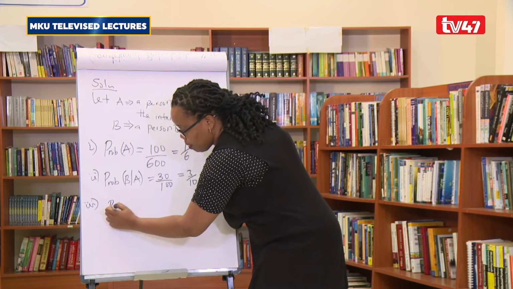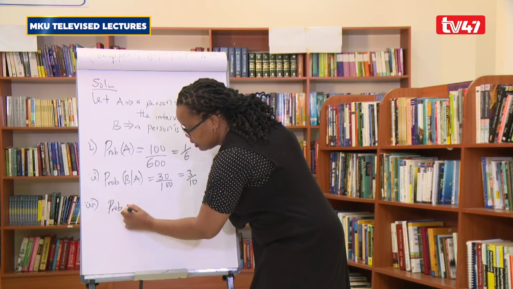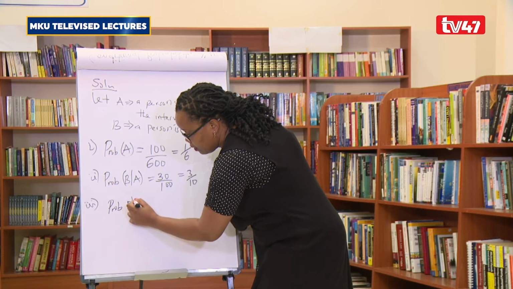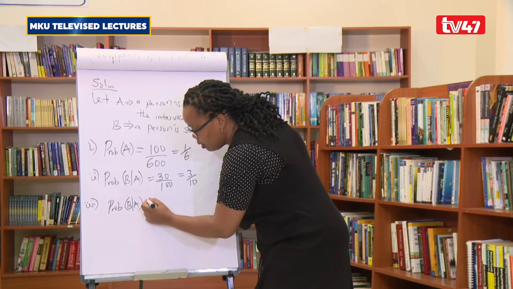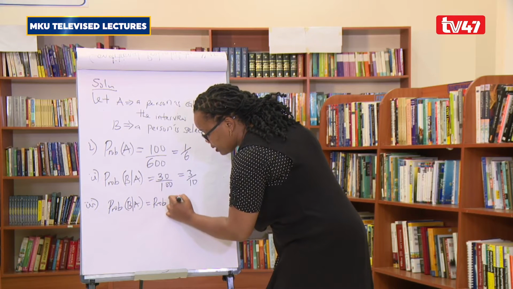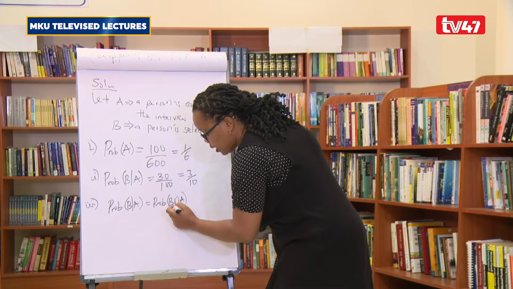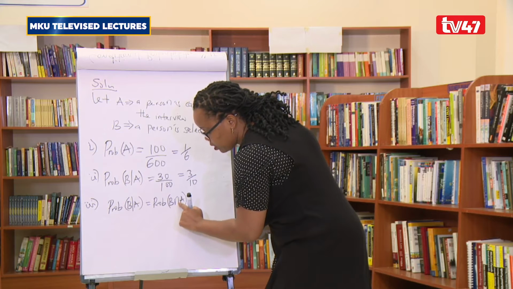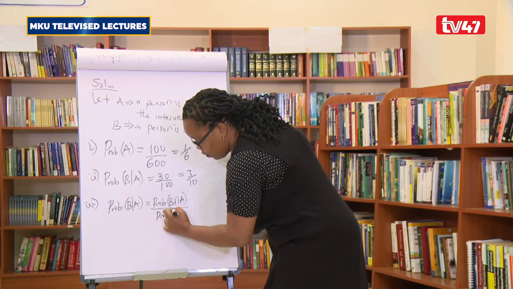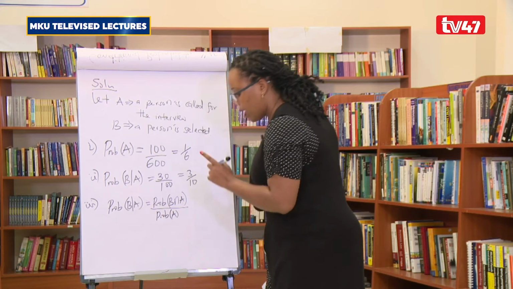The conditional probability, B given A, should be the probability of B intersection A, which we said is, our intersection represents and, over the probability of A that has already occurred.